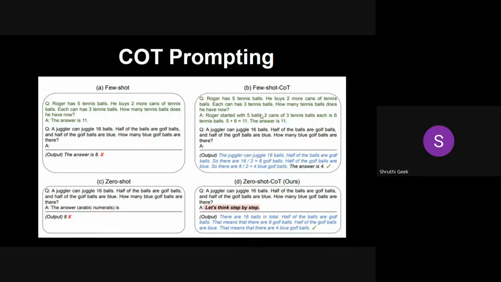So as you can see, these are standard few shot and zero shot prompting techniques towards the left hand side, followed by CoT prompting techniques towards the right hand side. With the prompt, you have a Q&A, question and answer sample given, and then you ask a question and you expect the model to give an answer to it.